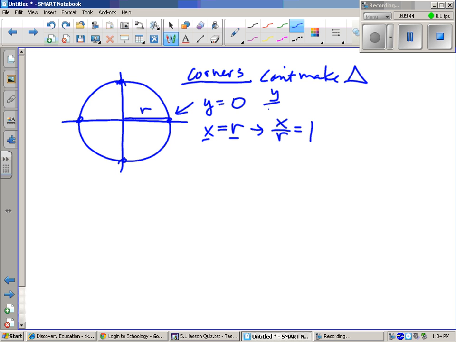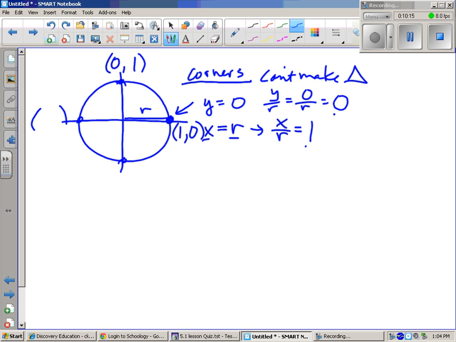And y over r would be 0 over r, which anything with a 0 on top is just going to be 0. So this point right here is going to have the label, the x value is 1, the y value is 0. So all the corners are going to be 1s and 0s. Now this one doesn't have an x motion, it doesn't go right or left, so that's the 0, and the y will be the 1, because the y and the radius are the same.